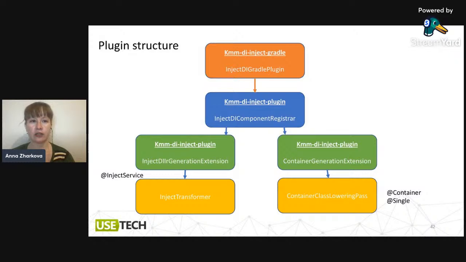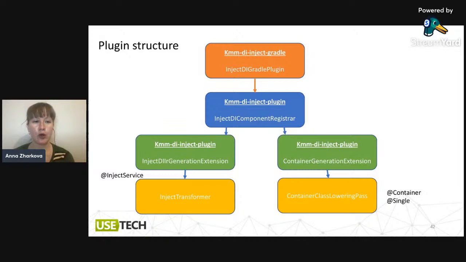So let's take a look at the structure of our plugin we will use for our dependency injection. We will use our plugin for two purposes. First one is injecting, and second one is registering.